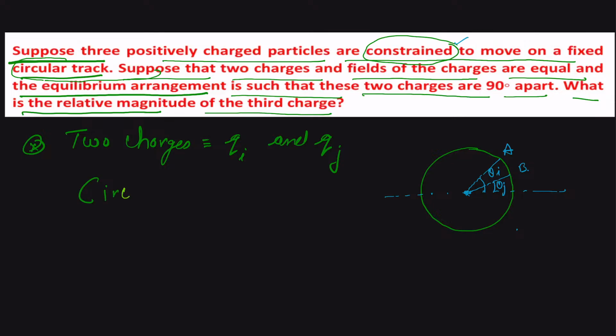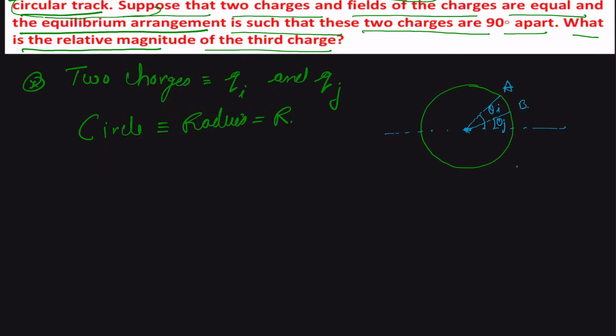They are placed on a circle whose radius is R, at the angular positions, and let us suppose for Qi we have theta i, and for Qj we have theta j.